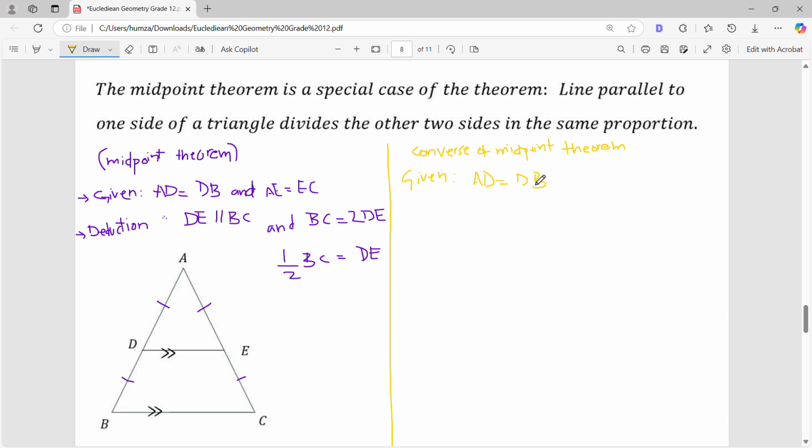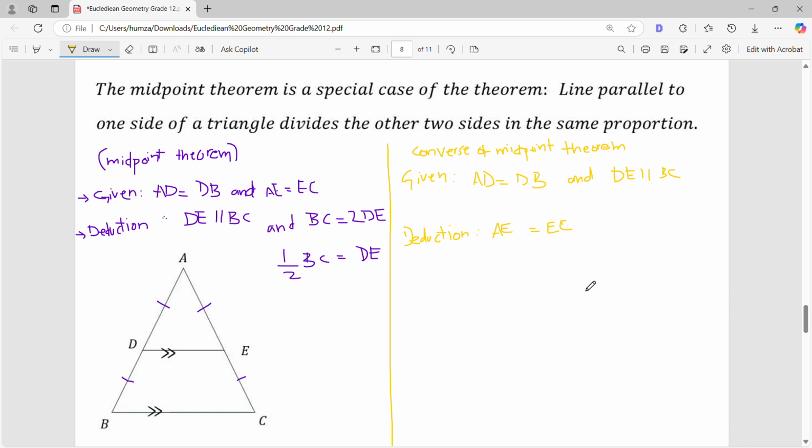and why did we say that? Because it is given and DE is parallel to BC, we can say that the deduction is that AE is equal to EC.